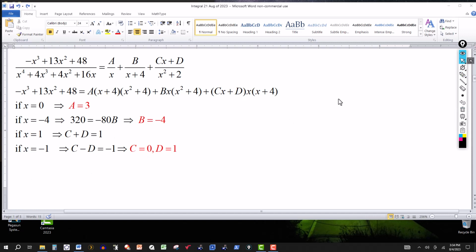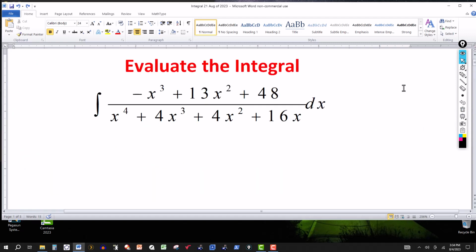So now once you have that, you can come back over here then. Say this is equal to the integral of, and then again, a was 3, so it's 3 over x. And then for the next one, I had b over the next factor. B was negative 4. That's what we got. So this is negative 4 over x plus 4.